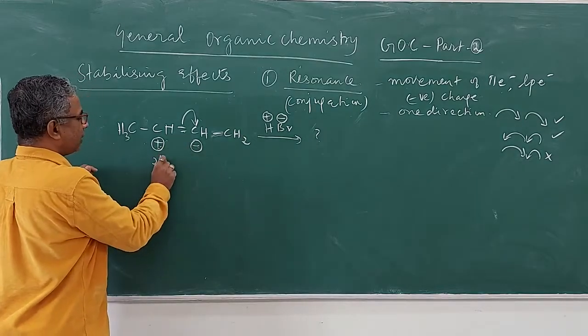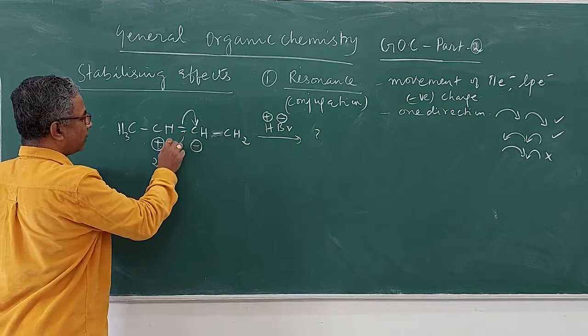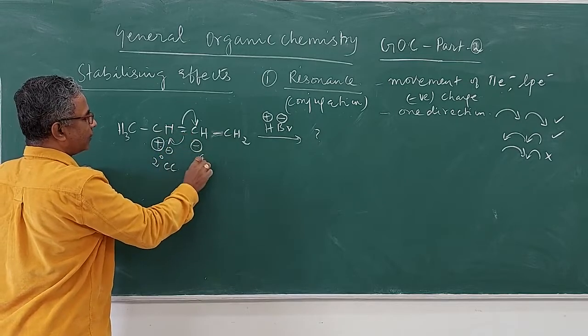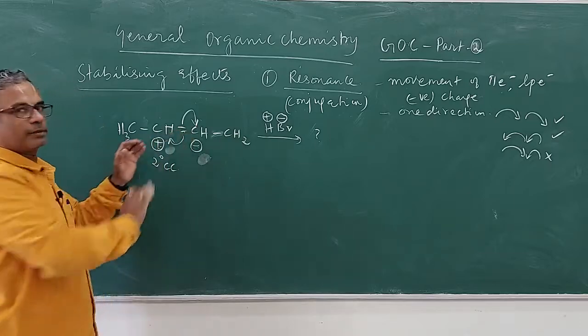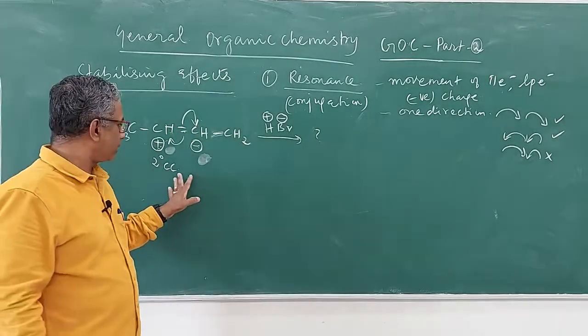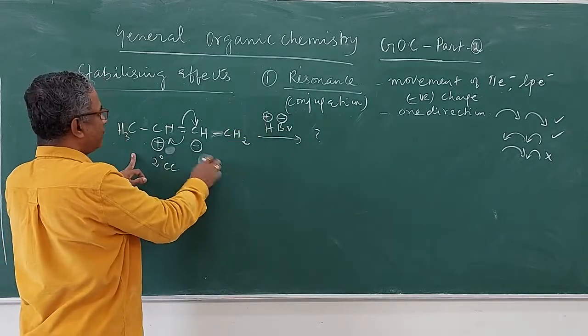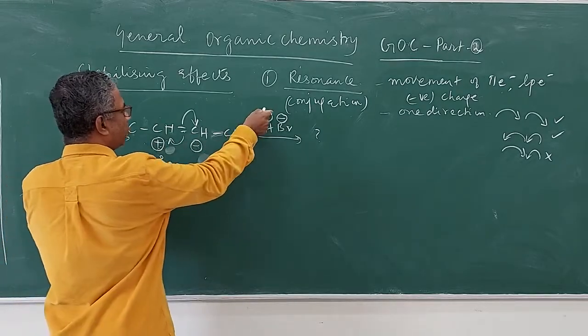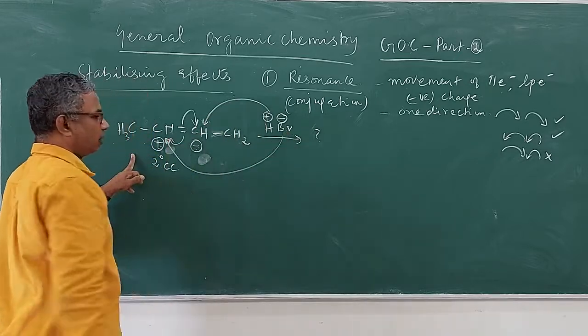So now this is a secondary carbocation. Alternatively, if you shift this double bond to this carbon, this will create a minus, this will create a plus. Still this is a secondary carbocation. So either way you separate, it is the same secondary carbocation that is getting generated here. There is no need to stabilize this, because this is already a stable compound. This plus will come and get attached to the minus, this minus will come and get attached to the plus.